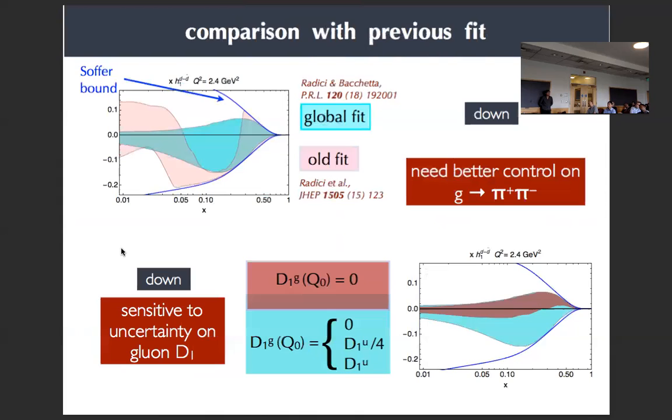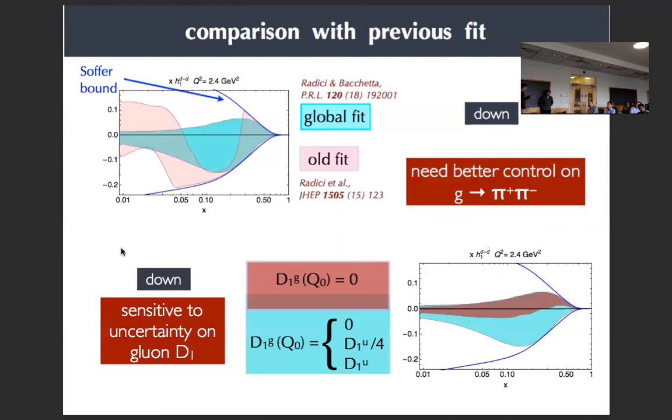But now, including data from STAR, this trend has basically disappeared. You see the result of the global fit is this blue band. Very large because of the uncertainty of the gluon decay, but this strange behavior has basically disappeared. So this was an artifact, maybe due to the fact that our functional form is very, very flexible. I don't know. Anyway, now it's no longer there.